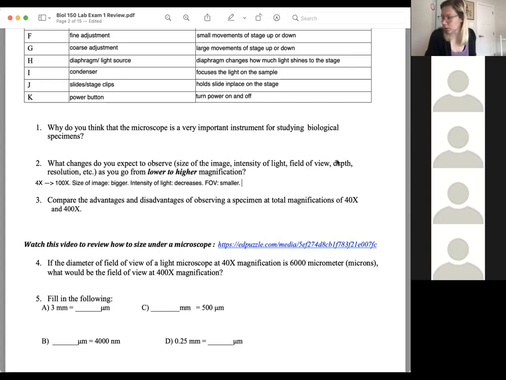Depth. Isn't depth like the 3D dimension of the specific specimens? So is it going to be decreasing? Right, the depth is kind of like that. I guess it would be the vertical dimension. If you're looking at a sample from the top, it's how deep you can see into your sample if you're going to a higher magnification.